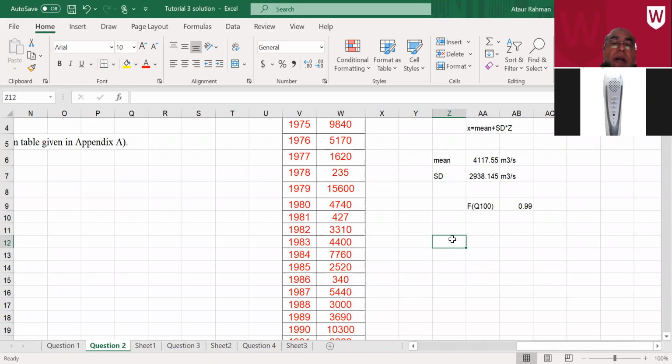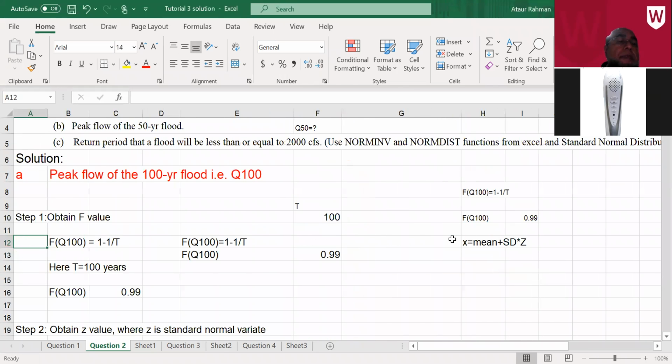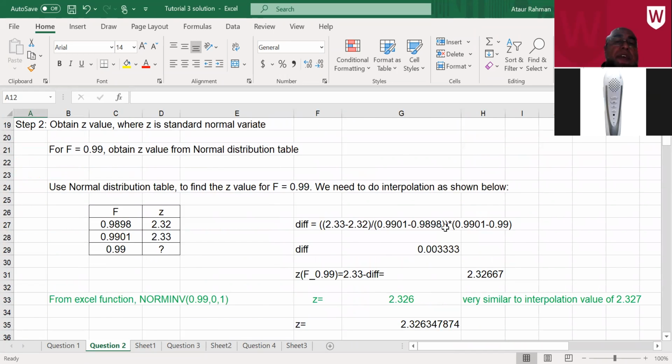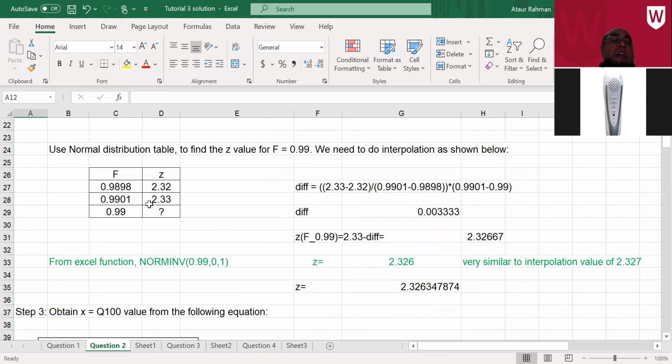Basically, I have done the interpolation here for you in the solution. There are two Z values given for the given F value. The difference between the Z values is divided by the difference of the F values, and then multiplied by the difference 0.9901 minus 0.99.